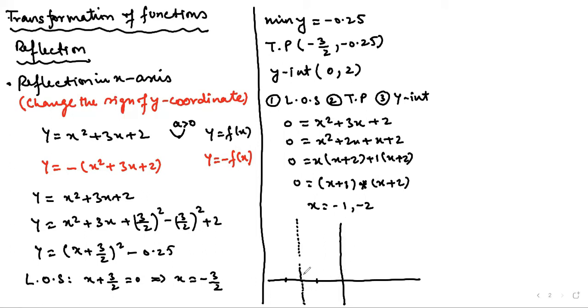Now we will draw the turning point. The turning point is (-1.5, -0.25). This is the turning point. The y-intercept is 2.